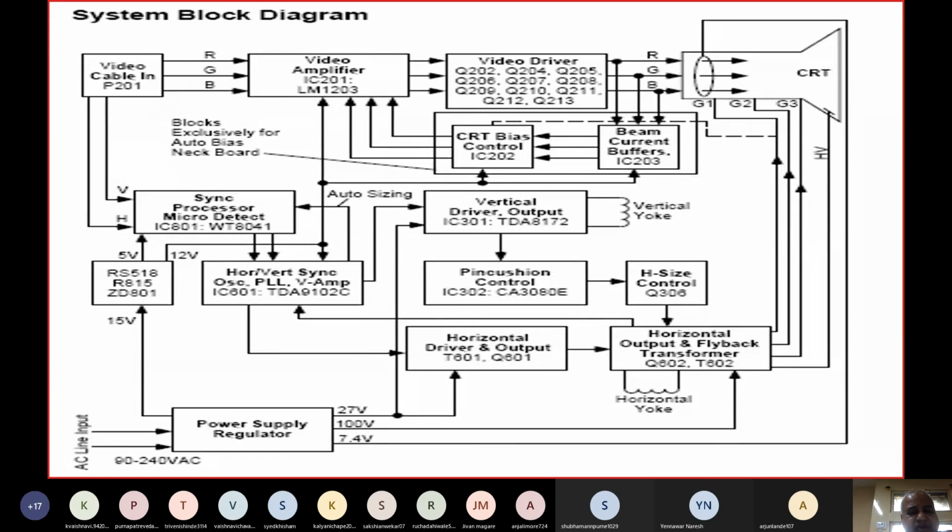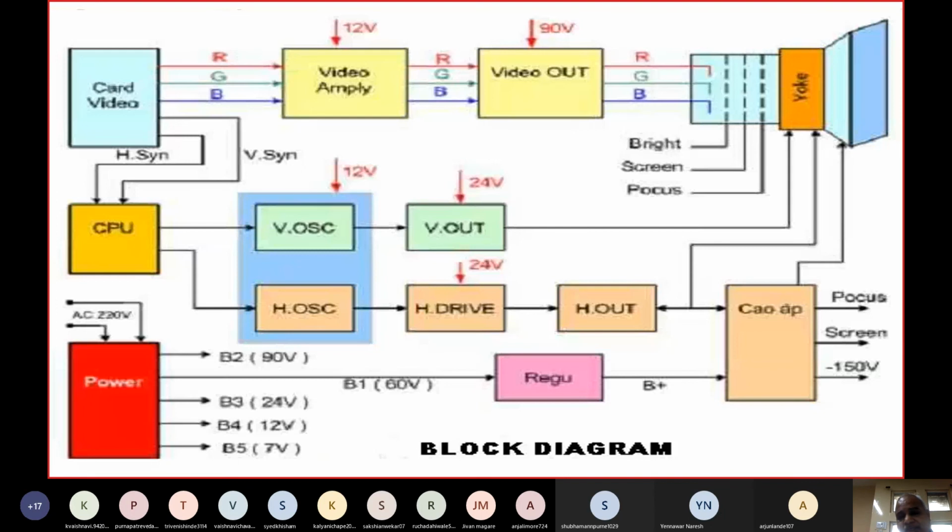Whatever we study about TV or monitors, earlier TV was shown with block diagrams, but now with the development of display technology like LCD or LED TV, CRT TVs are almost phased out.